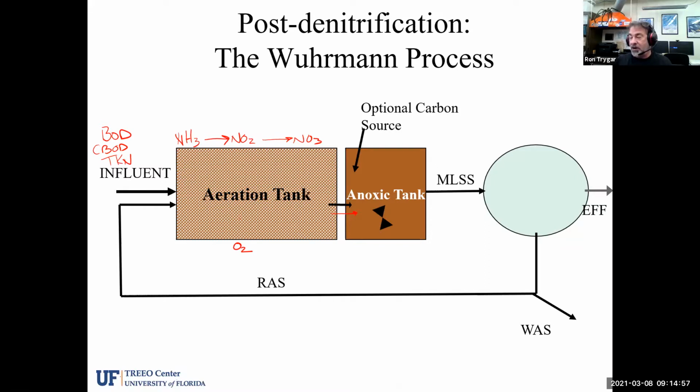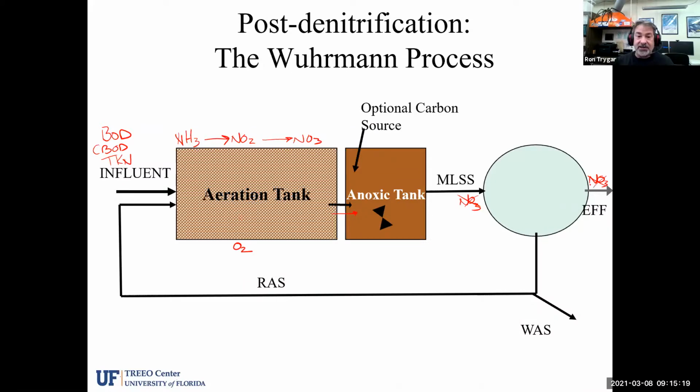If we don't add the carbon and there's not enough carbon, then a lot of nitrate will flow into the clarifier and then flow out of the clarifier. So we'd have a lot of nitrate flowing into and out of the clarifier, and we may not actually denitrify as much. So we add the carbon source, and then we limit the amount of nitrate here.